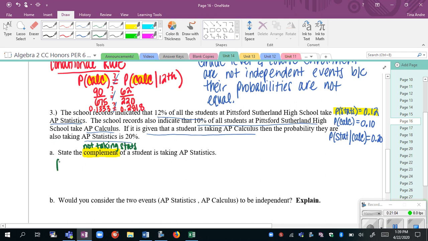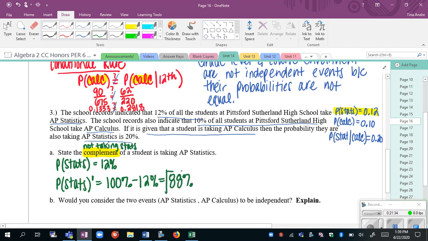So if the probability of stats is 12%, well, the complement is written like this with a little mark here, kind of looks like a little prime symbol. So this would be 100% minus the probability of them taking stats, so 88%.